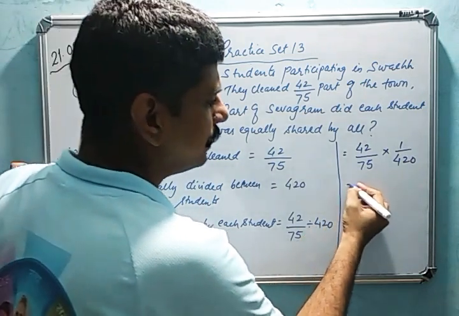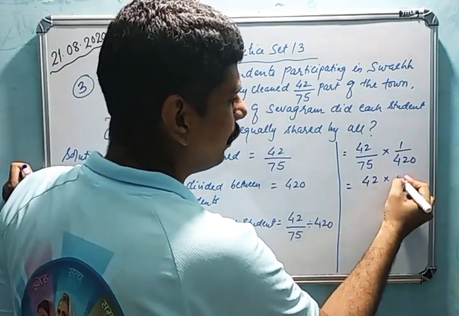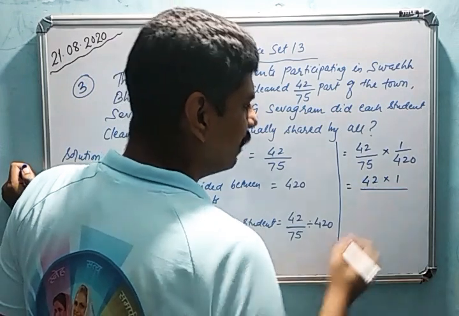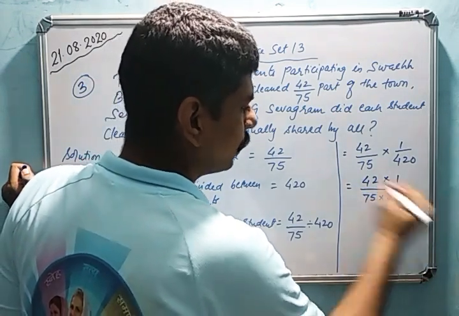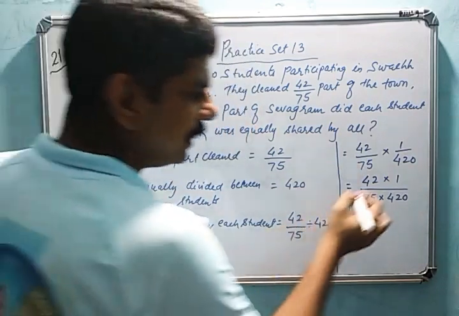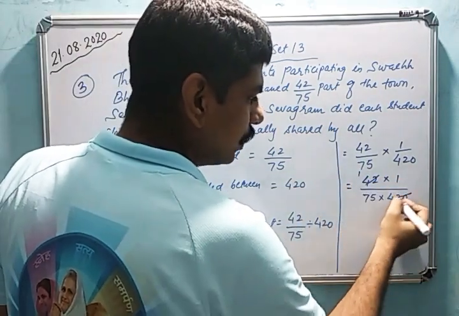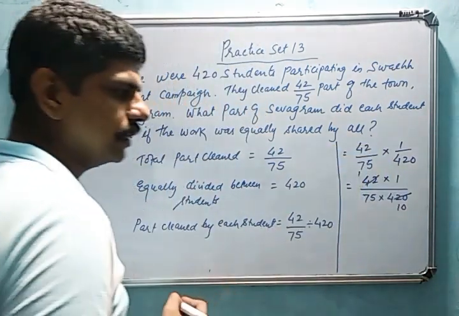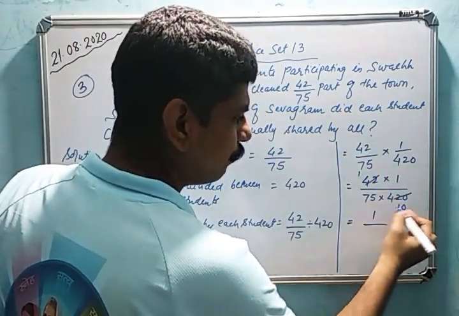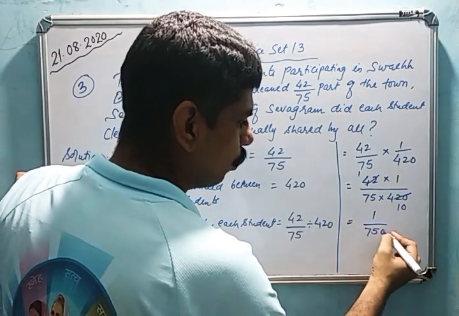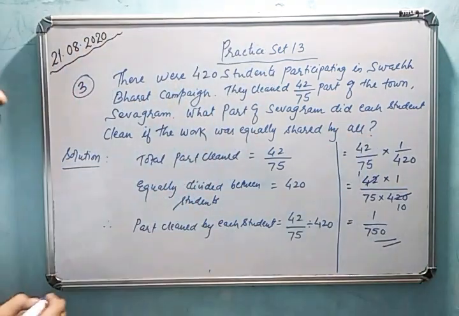Now you can write this as 42 multiplied by 1 divided by 75 multiplied by 420. So you can see here 42 ones are and 42 tens are, right? So 1 ones are 1 and 75 into 10 is 1 upon 750.